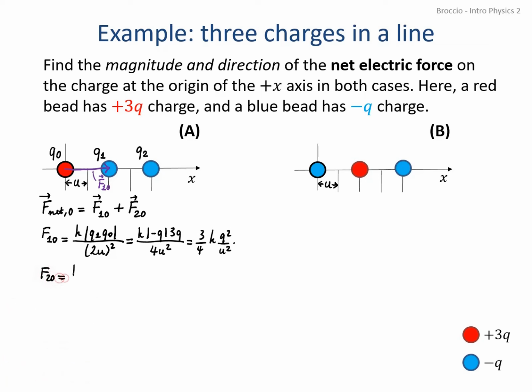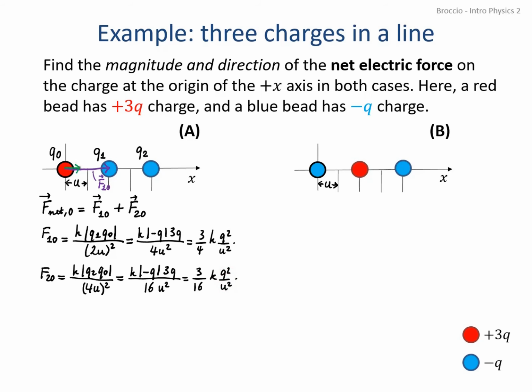The force of 2 on 0 is in magnitude equal to k times the absolute value of q2 q0 divided by the square of their mutual distance, which is 4u, so we get 3/16 k q squared over u squared.